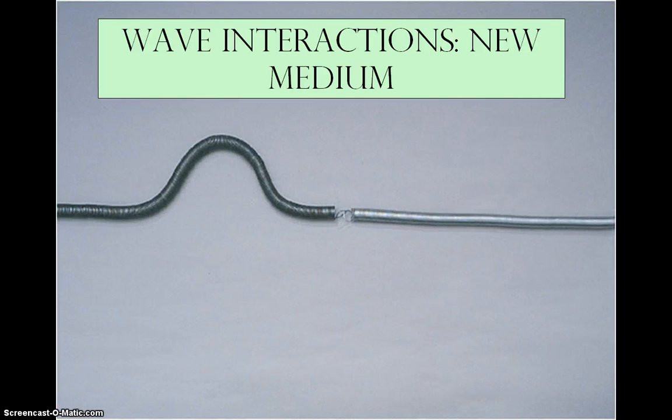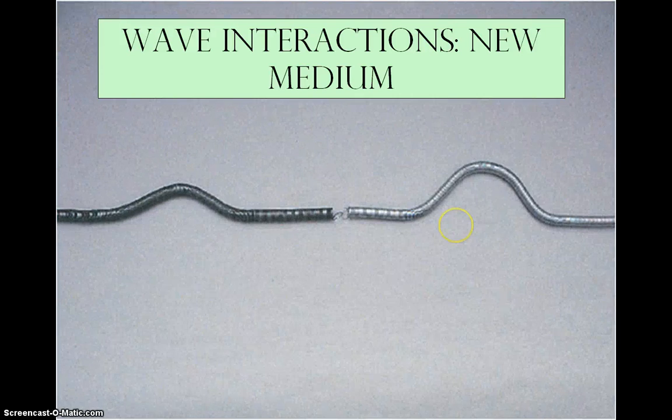So in this picture you can see that we have two different springs, and just by their color you can tell they're sort of different materials. If I were to generate a wave on this spring, it interacts with this new medium here, and some of the energy from this wave is going to be transmitted to the new medium. So you can see that some of the energy is transmitted over here, but some is actually bounced back and reflected back this direction into the medium from which it came.